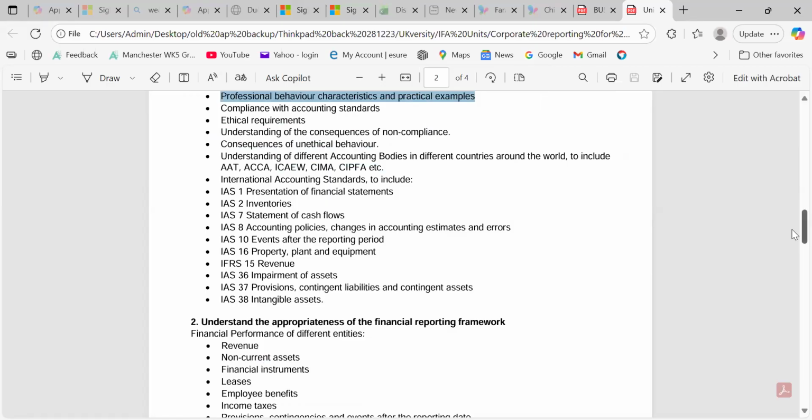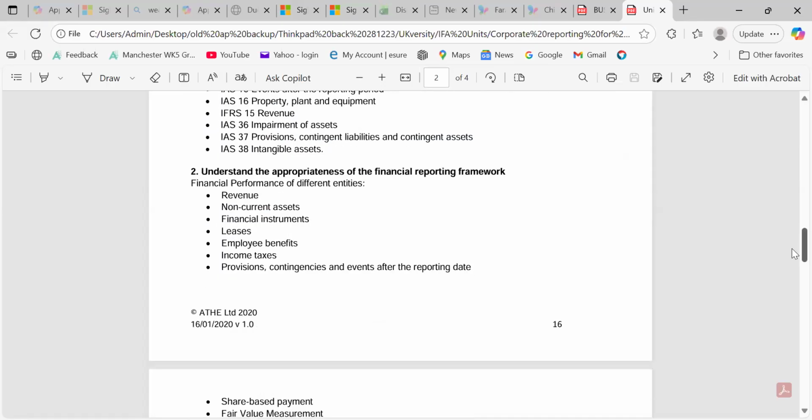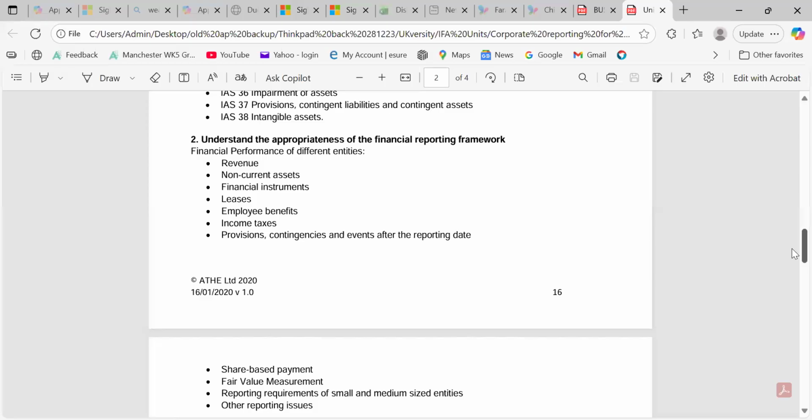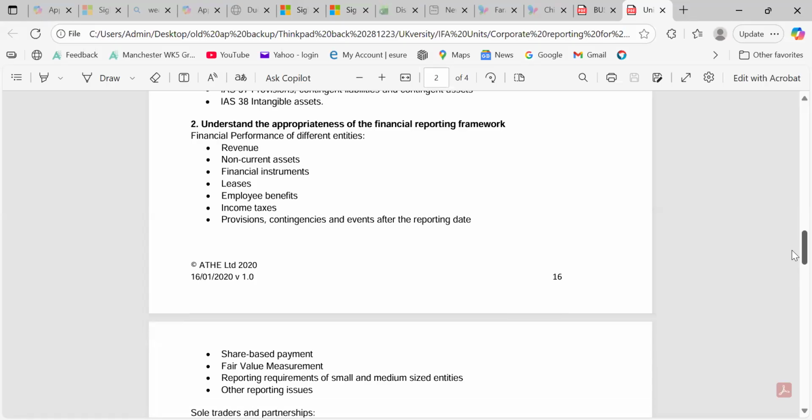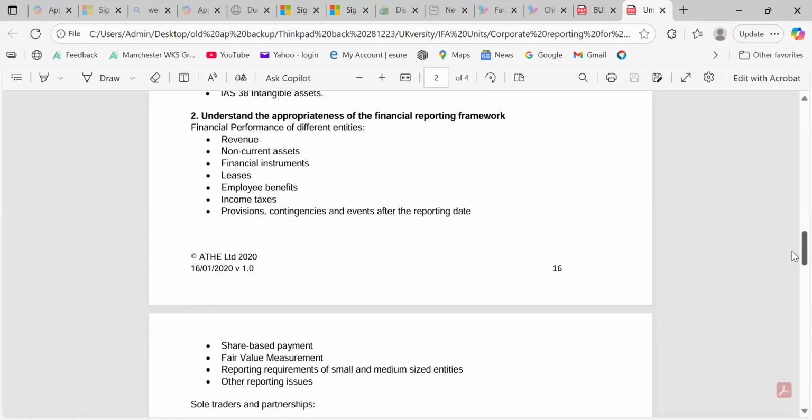Of course, after the Enron scandal, WorldCom, and recently some construction companies that had pension shortfalls and a number of others, new accounting standards keep coming. The International Accounting Standards Board and the International Ethics Standards Board roles can be in our discussion. So please understand the appropriateness of financial reporting.